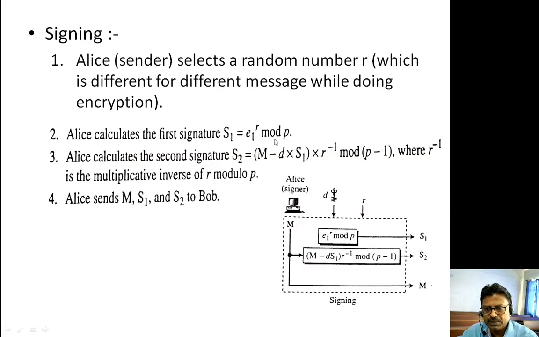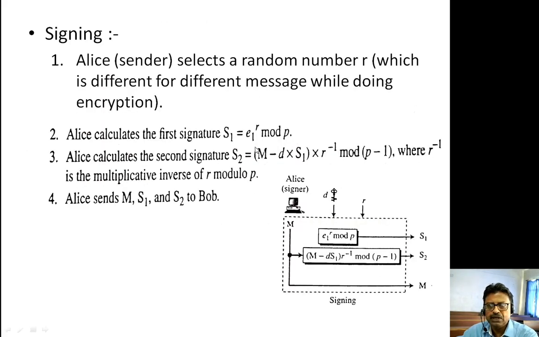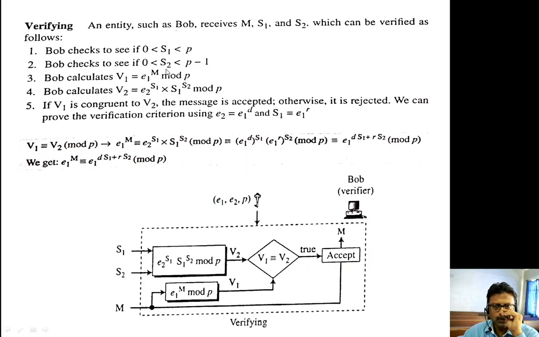Because S1 has been calculated with mod P, so whatever value S1 gets will be greater than 0 and less than P. And the value of S2 is calculated with modulus P minus 1, so S2 will be between 0 and P minus 1.